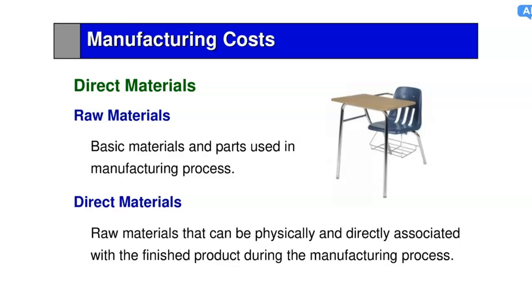That is, they can be physically and directly associated with the finished product during the manufacturing process. So you can see that some of this plastic, I can measure how much, would be direct. The wood would be direct. The metal would be direct.